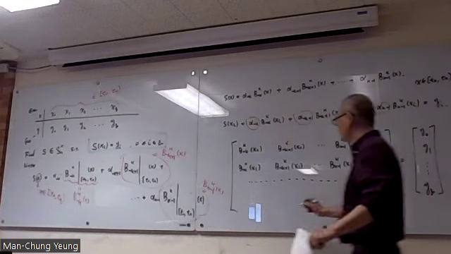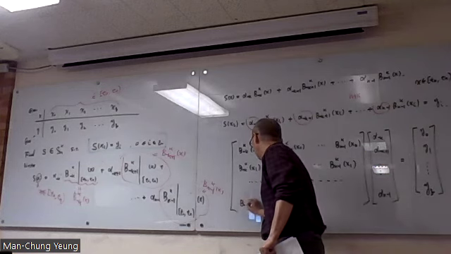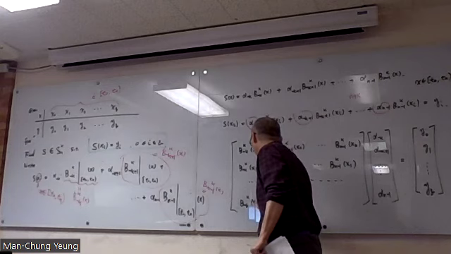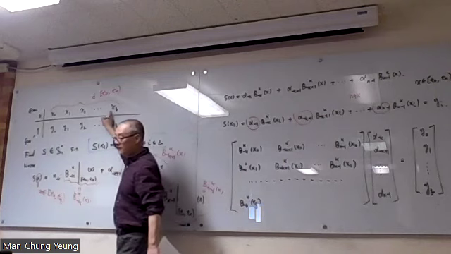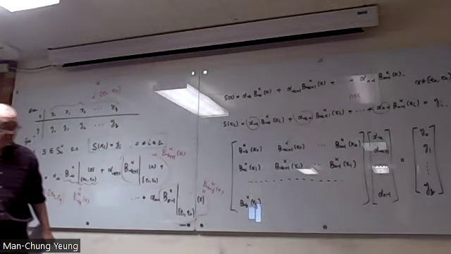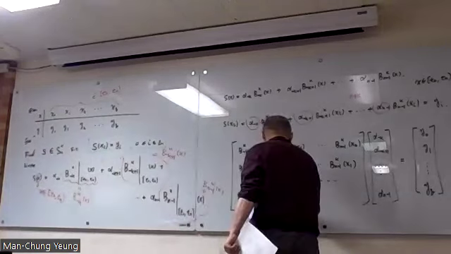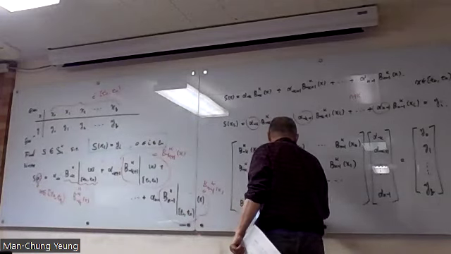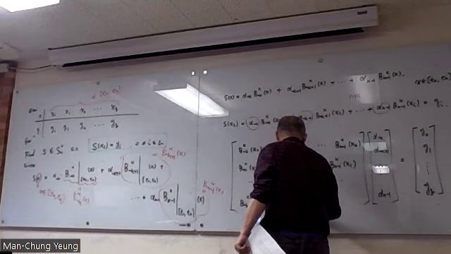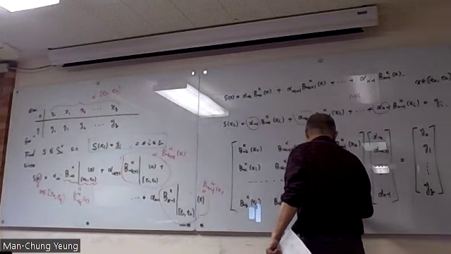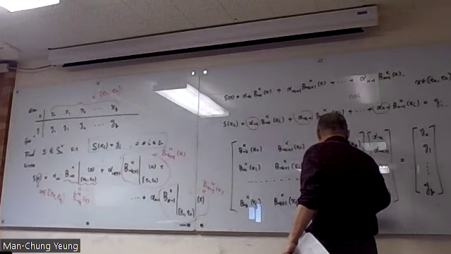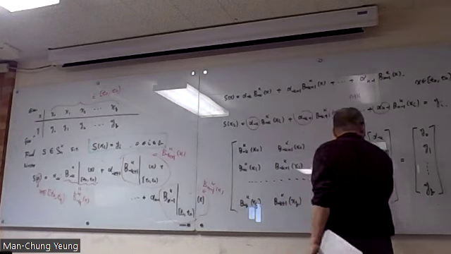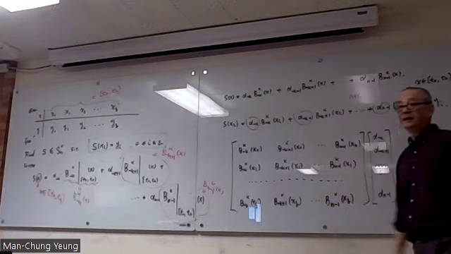So the last equation is i equals q: B_{-k,k}(x_q), B_{-k+1,k}(x_q), up to B_{n-1,k}(x_q). Yeah, this is the linear system.